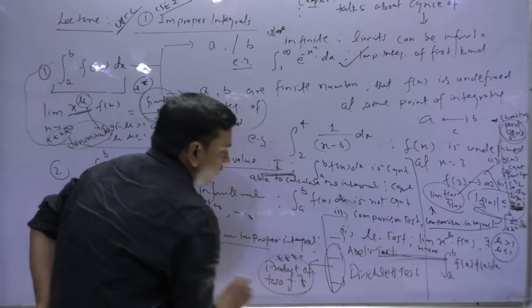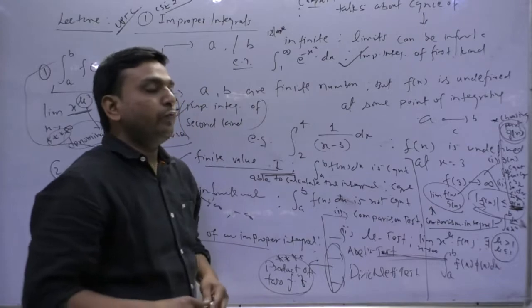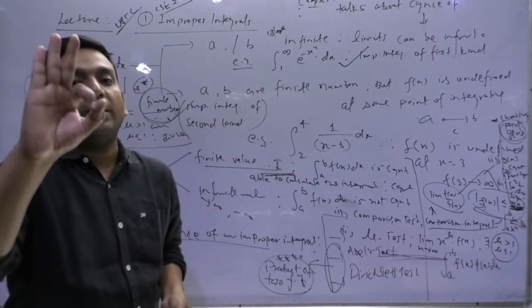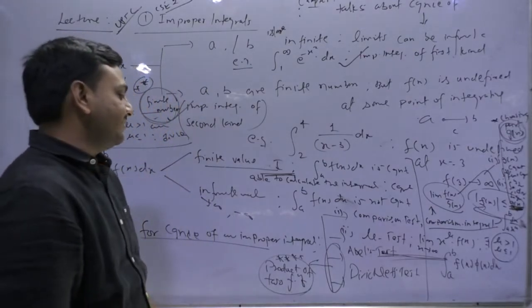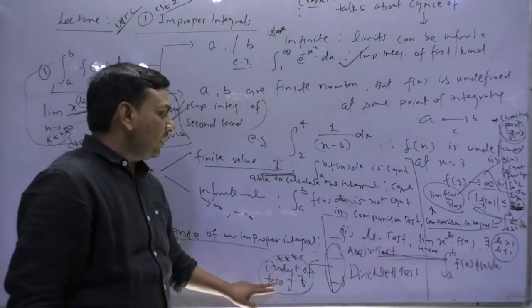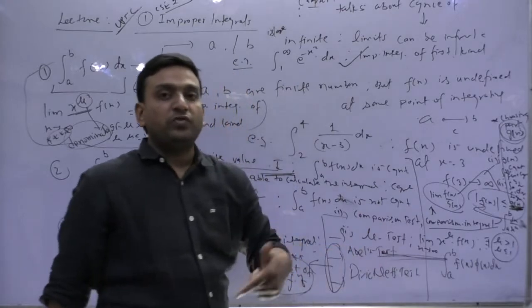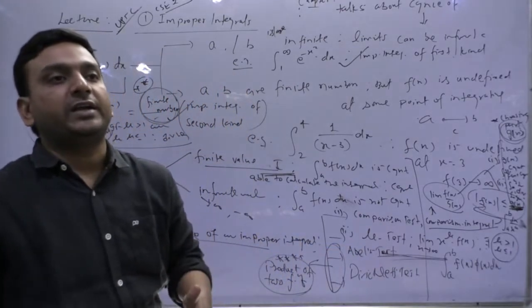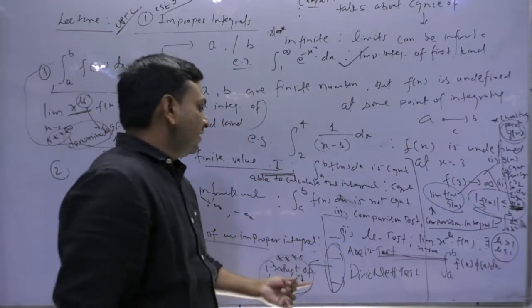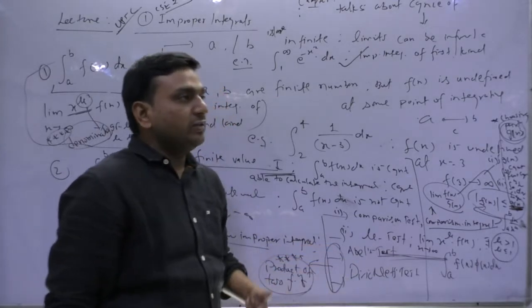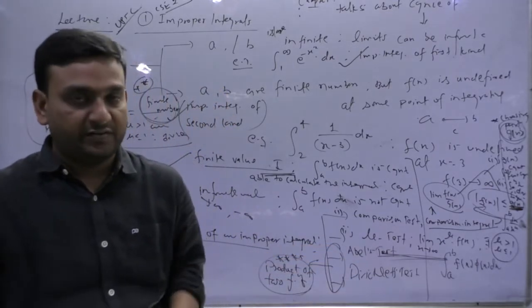For these two tests, very important for you guys, when the integral appears as a product of two functions and you want to check the convergence of that integral, in that case you will apply either Abel's test or Dirichlet's test.